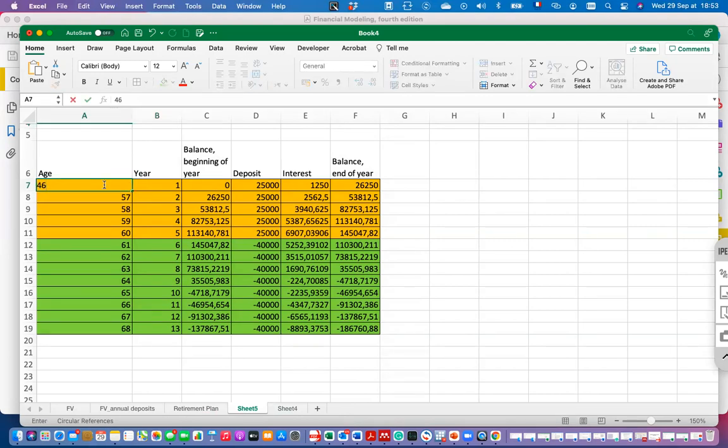So he will start the deposits at 46, not at 45, until 62. By the end of year 62 he will retire, and he will start withdrawing money at age 63. So the orange phase runs from 46 to 62, while the green phase starts from 63.